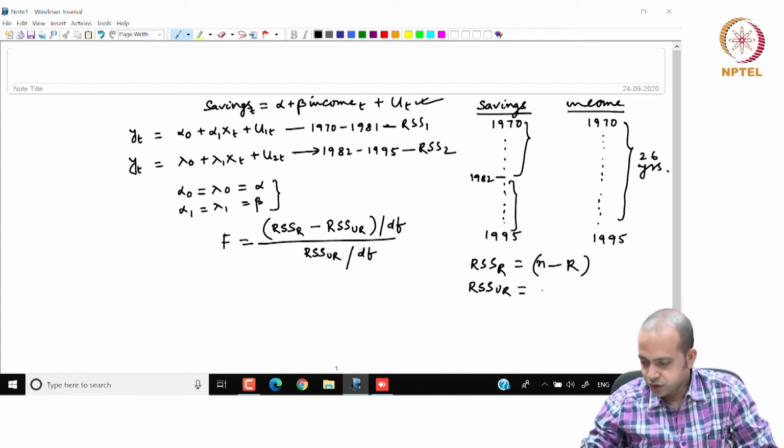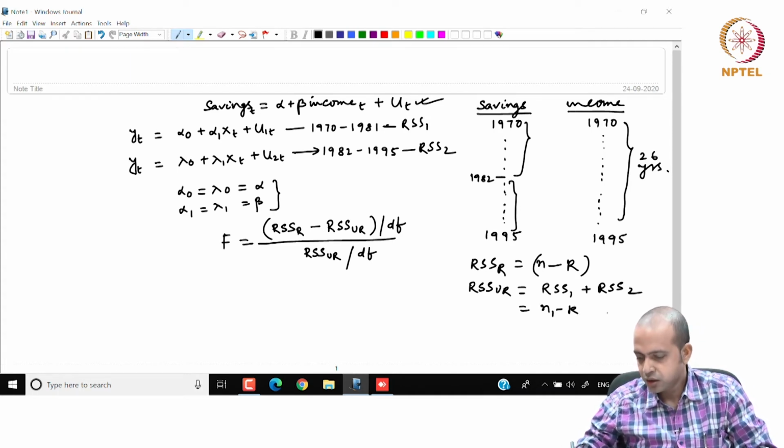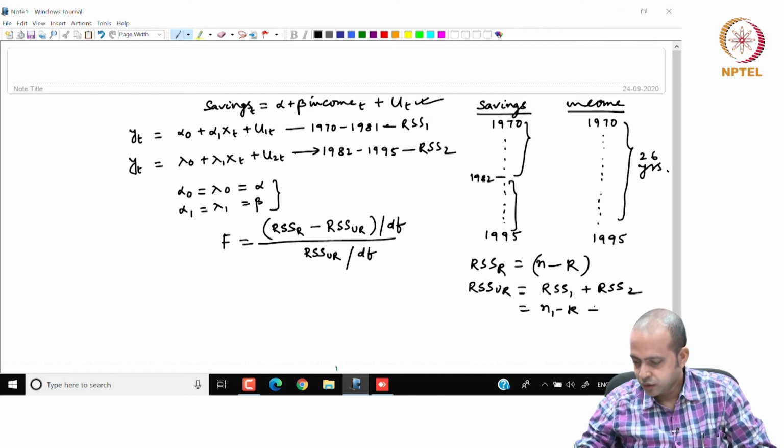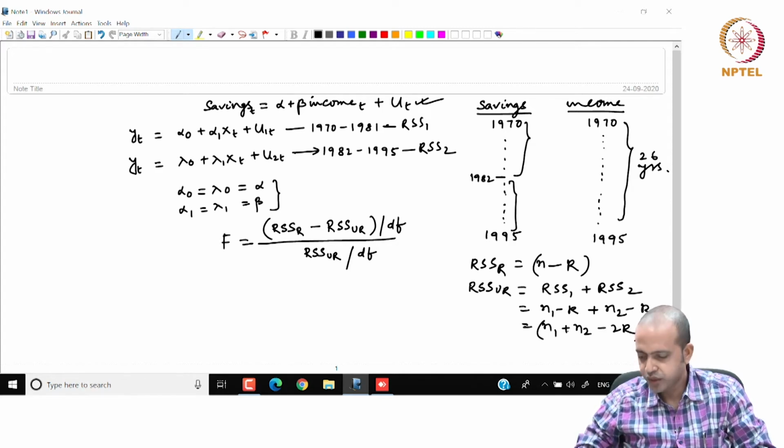So this is RSS 1 plus RSS 2, and RSS 1 has degrees of freedom n 1 minus k, plus n 2 minus k. So that means n 1 plus n 2 minus 2k.